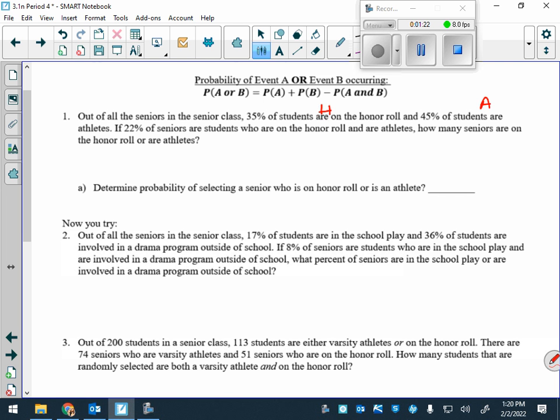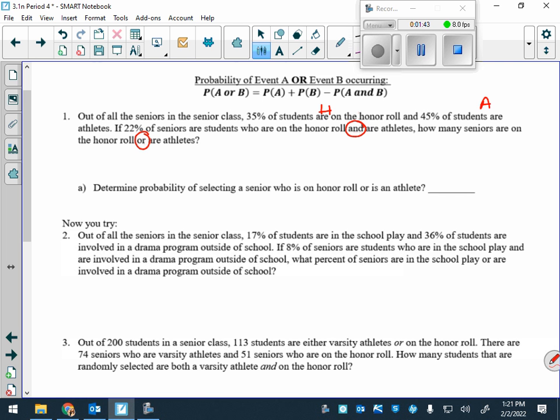Then we have 22% of seniors who are on the honor roll and are athletes. So we have a few things going on here. We want to find out how many seniors are on the honor roll or are athletes.